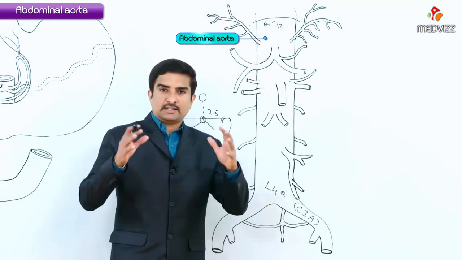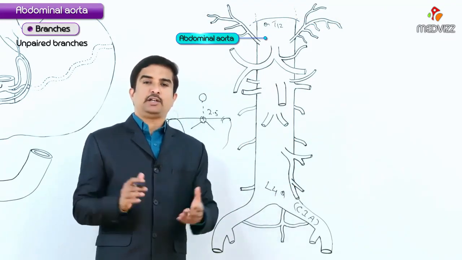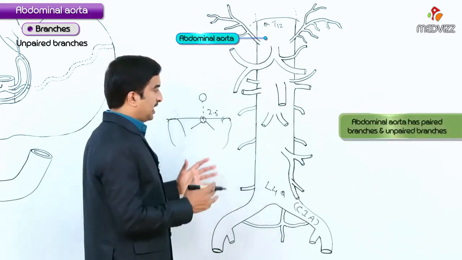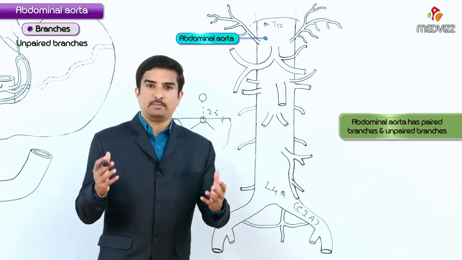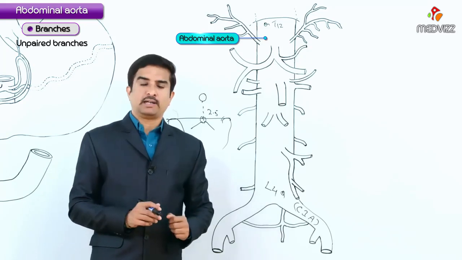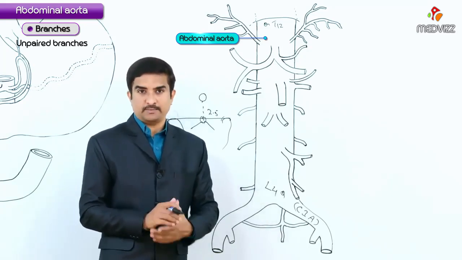Now, let us discuss the branches of the abdominal aorta. First, let me talk about the unpaired branches, because the abdominal aorta has paired branches as well as unpaired branches. Among the unpaired branches, first let me talk about the celiac artery, which is also called the celiac trunk.